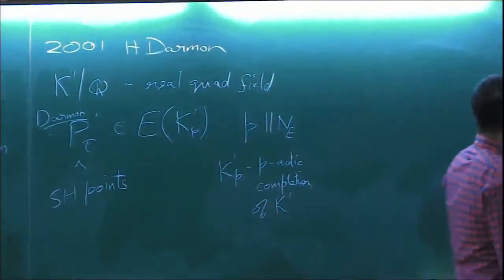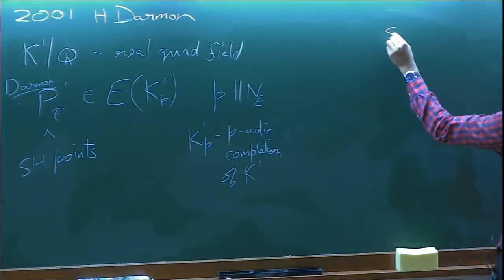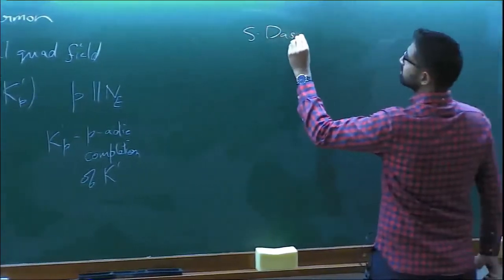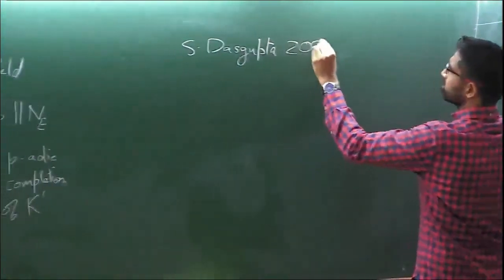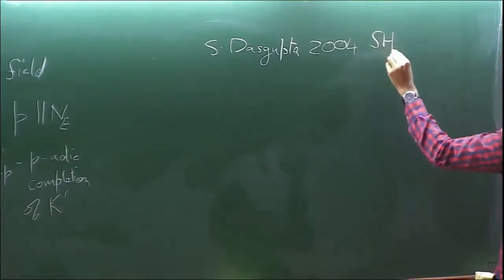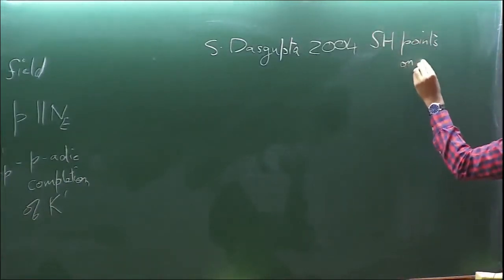So there have been some other constructions of a similar kind, so I'll just note them down here. The first generalization was due to Samit Dasgupta, in, I think, 2004. He wrote down Stark-Heegner points on modular Jacobians.